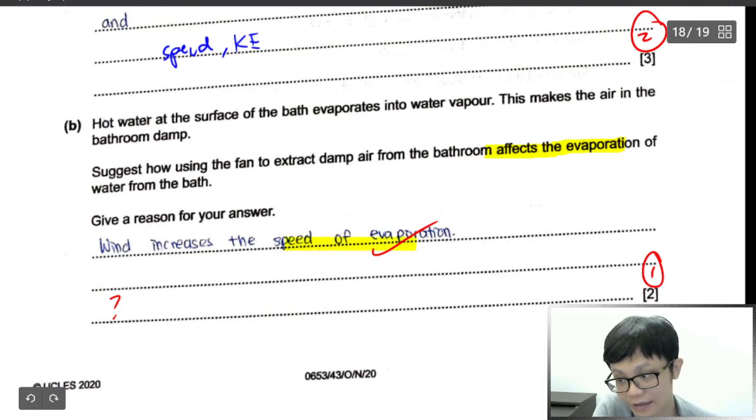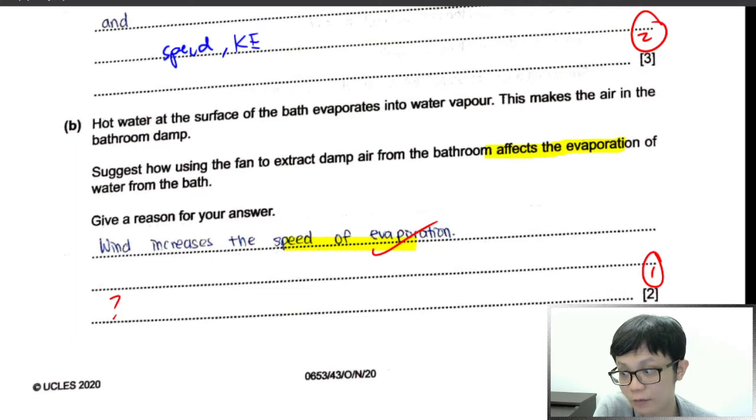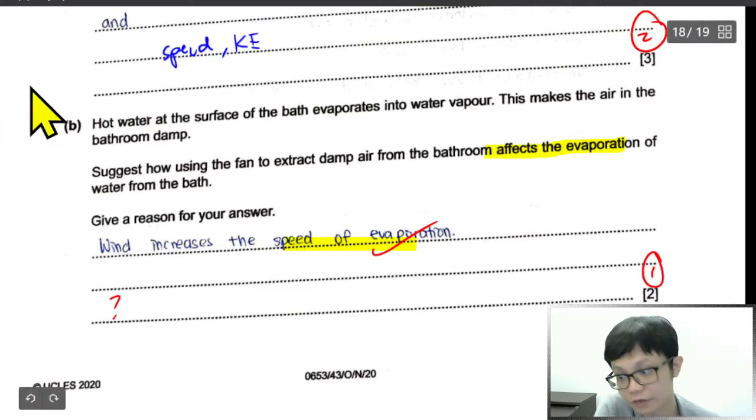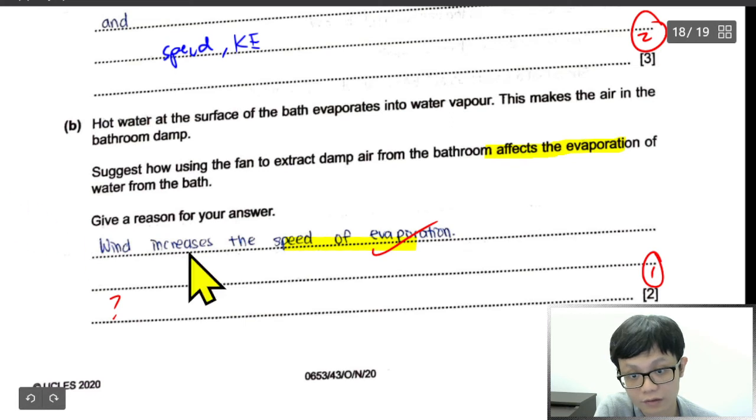And what is the other mark? Water vapor molecules are taken away from the surface of the water.